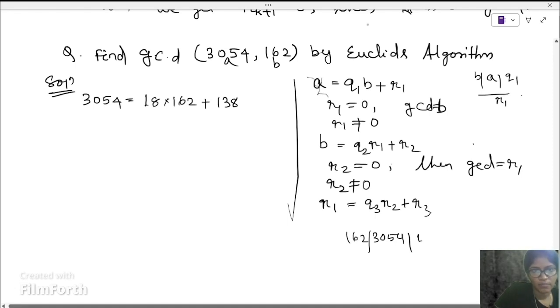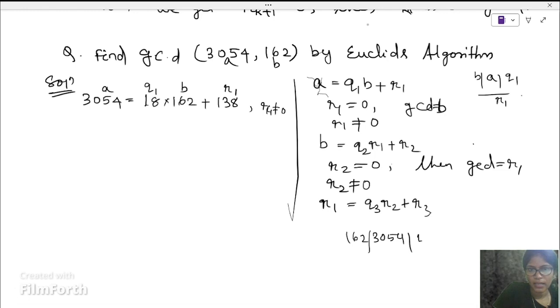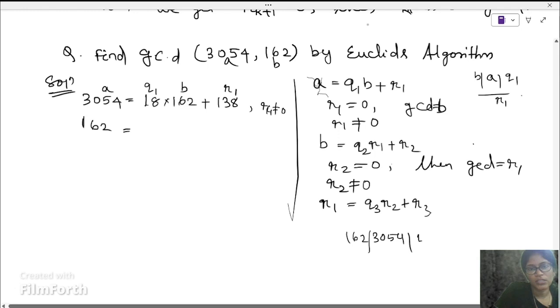This is our a and this is b, this is our q1 and here is r1. Next, r1 is not equal to 0, so divide b by r1. That implies 162 is equal to 1 into 138 plus 24.